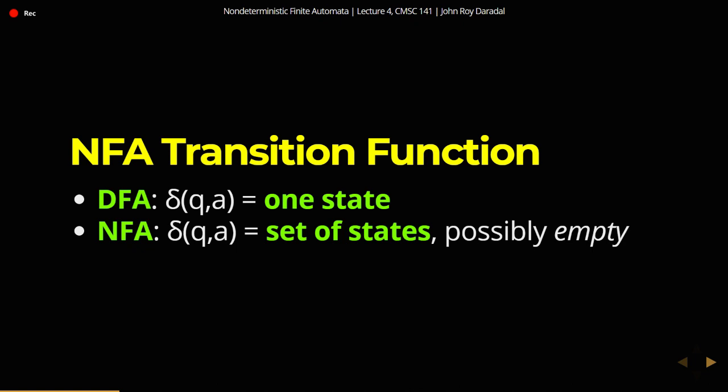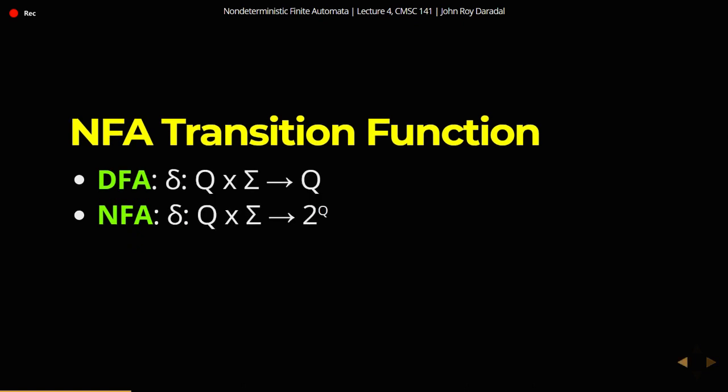In the NFA, it could be 0 or more states, which is a set. So formally, the transition function delta maps the set of states Q cross product with the set of input symbols sigma, and they map that to set of states Q as well. So state and symbol map to state.